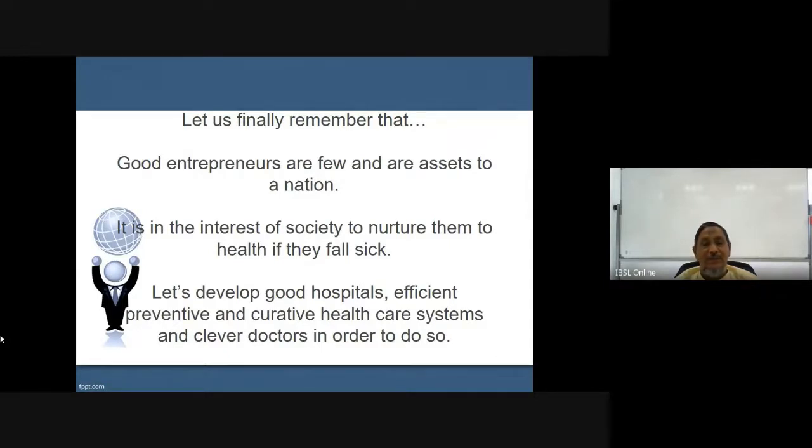This is what we expect from you: good hospitals, your banks; efficient preventive and curative healthcare systems, meaning new recovery systems and innovative techniques; and clever doctors, talking about you.